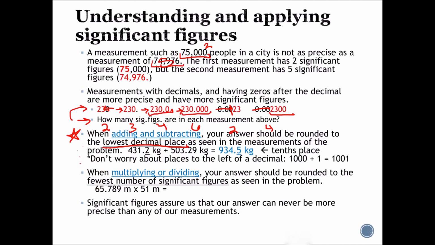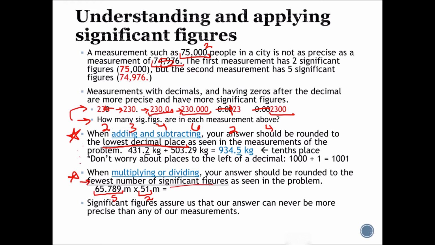For the next rule, when multiplying or dividing, your answer should be rounded to the fewest number of significant figures as seen in the problem. So that's different from the previous rule. Here we have how many significant figures? Good, 5. Here we have how many significant figures? Good, 2.